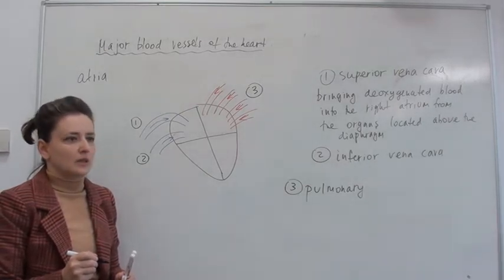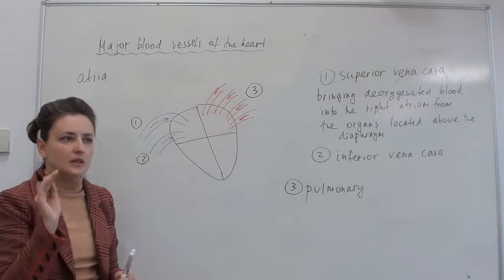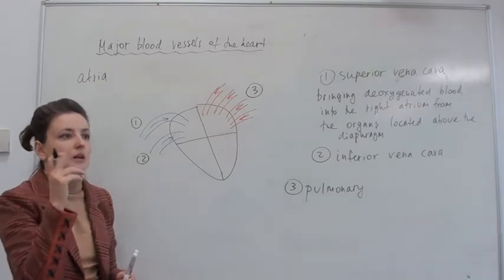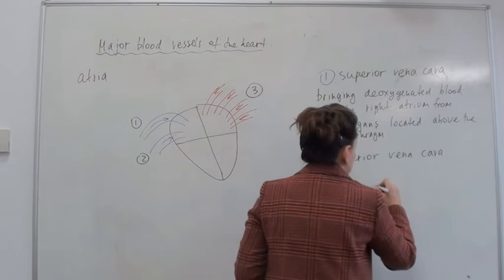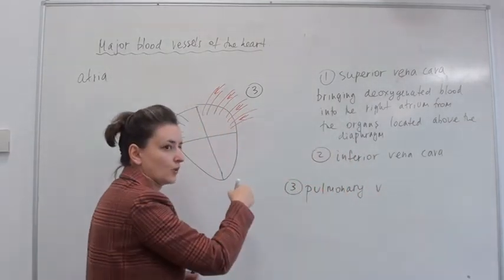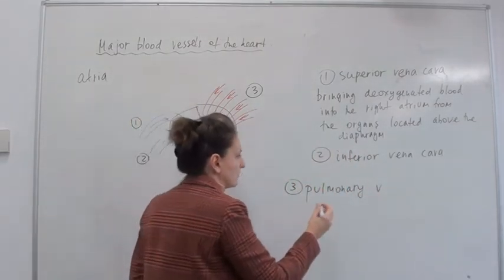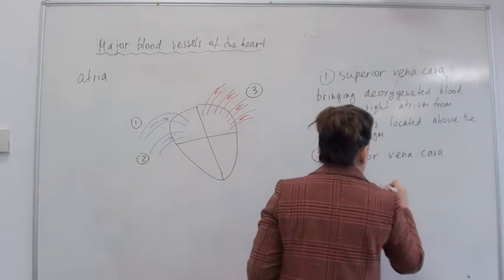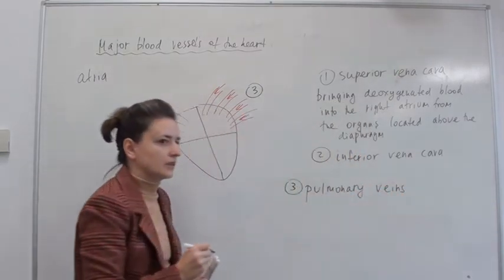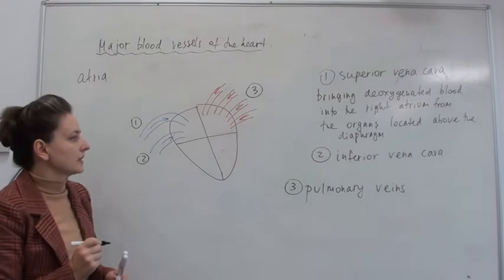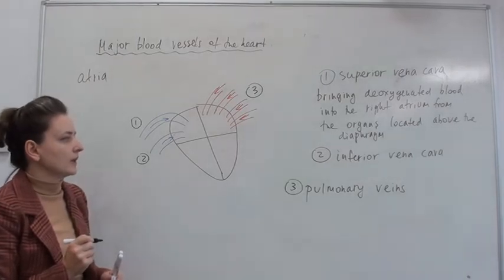Leaving the heart is artery, coming towards the heart, vein. But because I've got 4 of them, it's not just one vein, it's veins. So those 4 big blood vessels are collectively known as pulmonary veins.